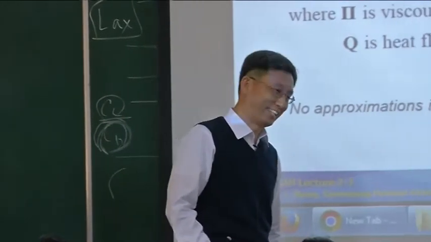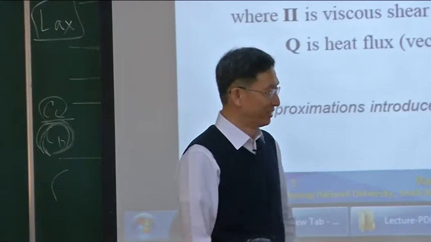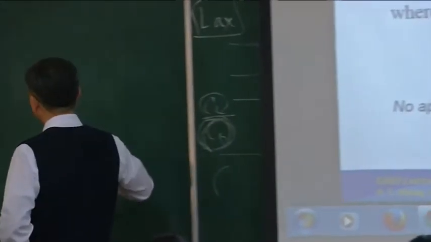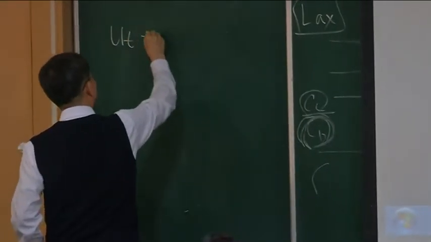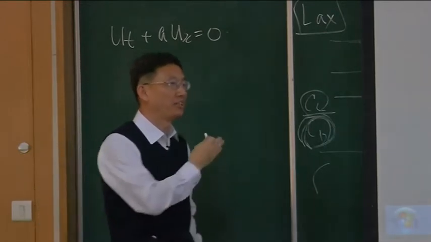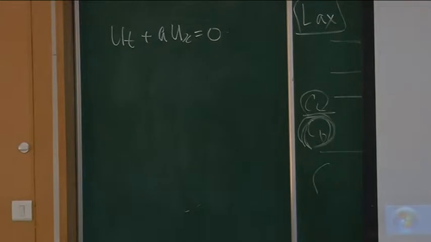He didn't bring anything, no slides. He just said, give me chalk. He started from this equation and then explained beautifully all the essence of CFD for the next 2 hours.